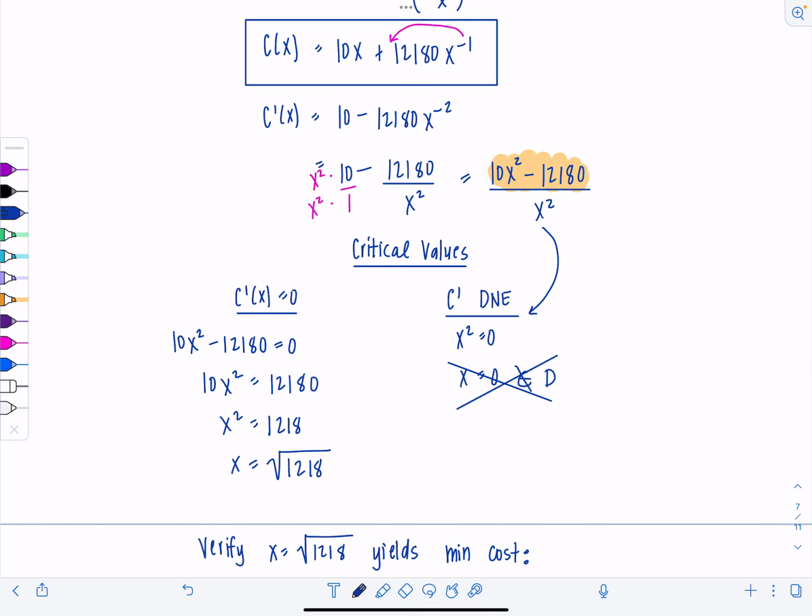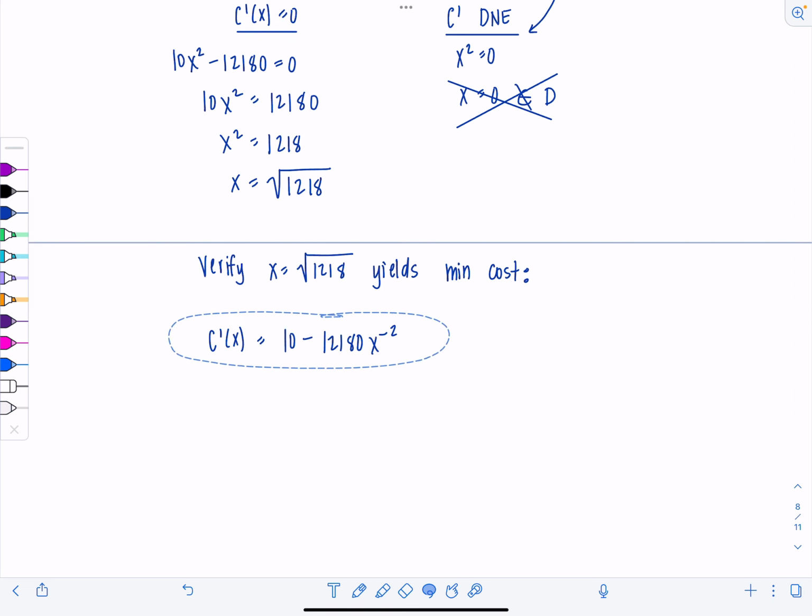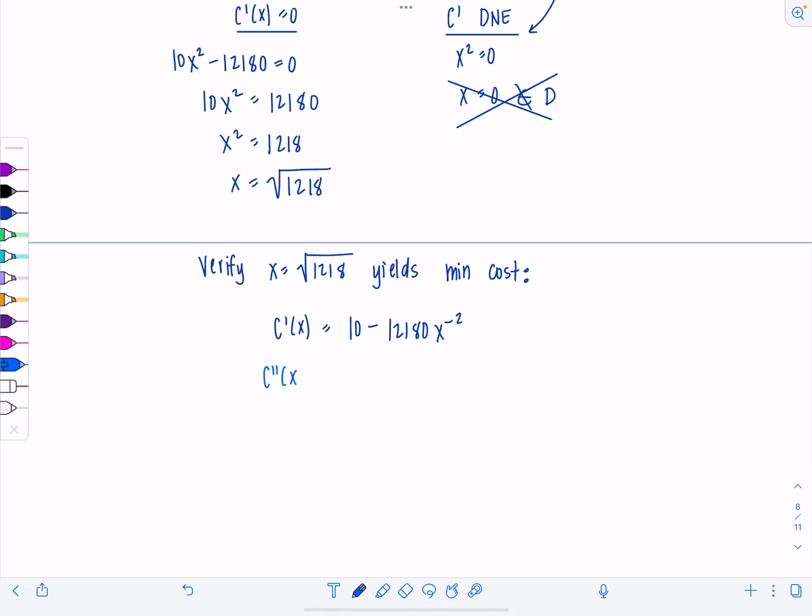So here's my first derivative. Okay. I'm going to use that version to take a second derivative. So c double prime of x. Derivative of 10 is going to be 0. Then when I bring this 2 down in the front, it'll be positive 2 times 12,180.